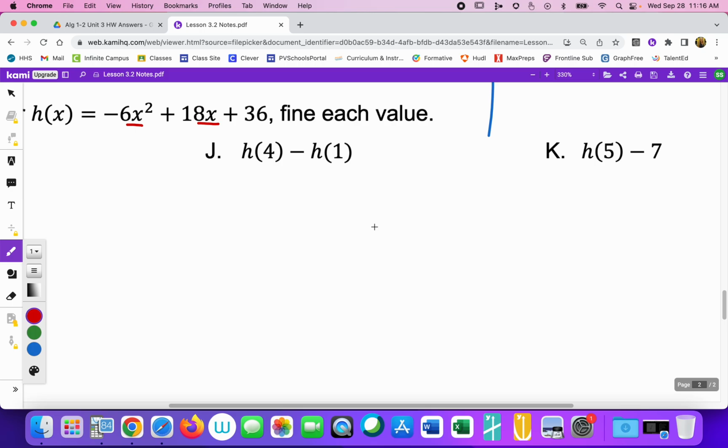H of 4 first. -6 times 4 squared. Make sure only the 4 is going to get squared, or anything you plug in. Plus 18 times 4 plus 36. And then h of 1 over here, same problem, just with a 1 instead.